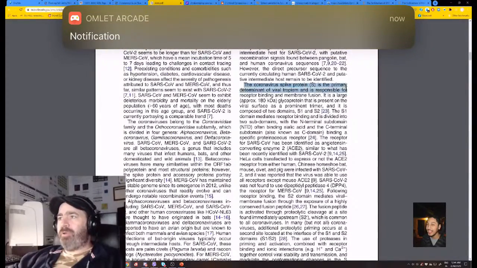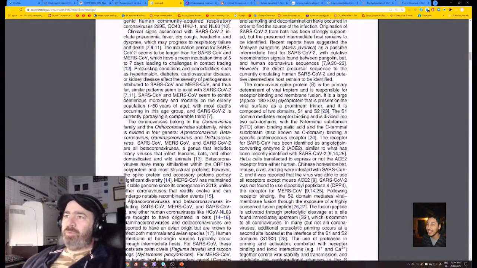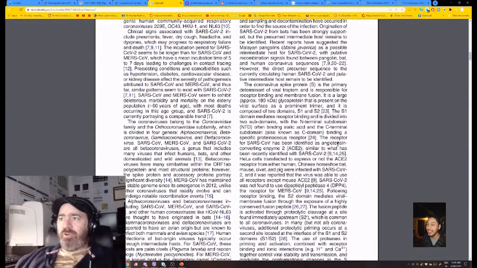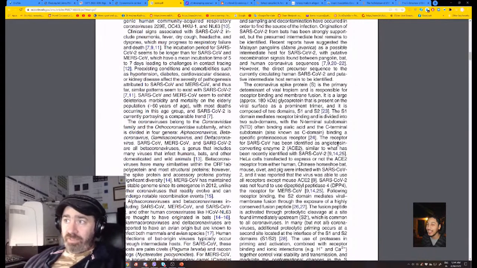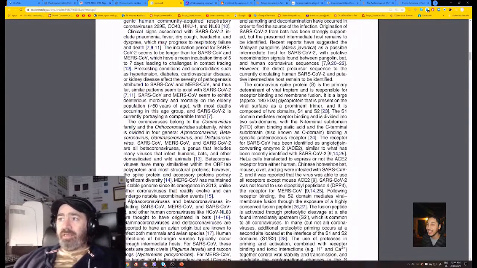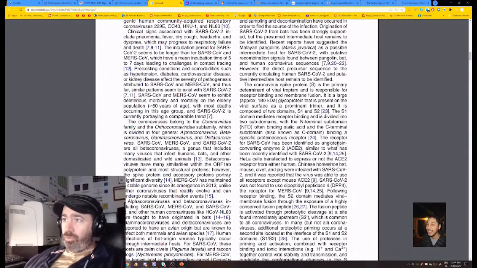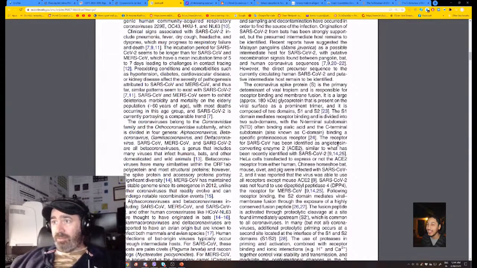Coronavirus spike protein is the primary determinant of viral tropism, responsible for receptor binding and membrane fusion. It is a large, approximately 180 kilodalton glycoprotein present on the viral surface as a prominent trimer, composed of two domains, S1 and S2.